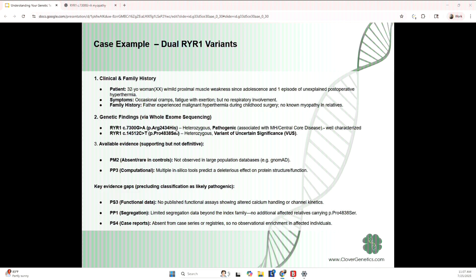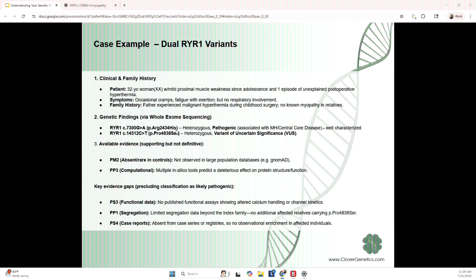There can be different types of changes to genes, ones that cause gain of function, where there may be leaky calcium that can increase that risk for, say, malignant hyperthermia, versus typically more in recessive cases, but not always, those that are a loss of function, where we're losing the function of the RYR1 protein.